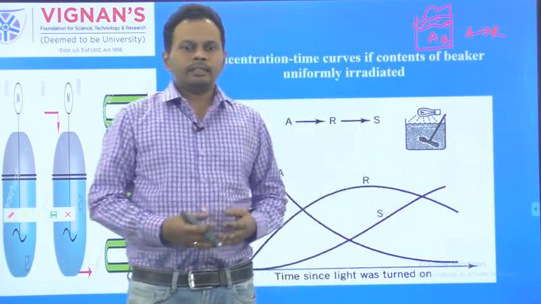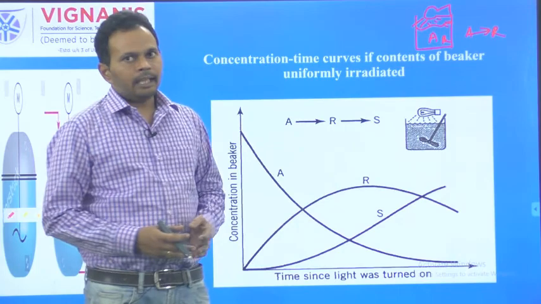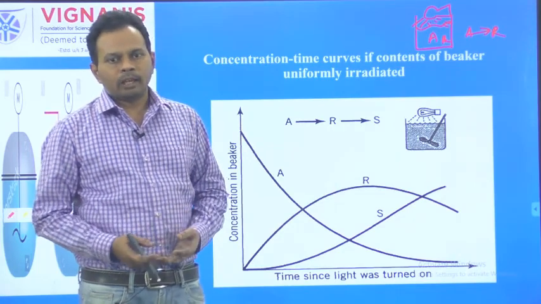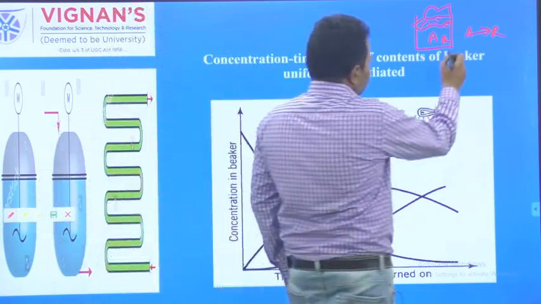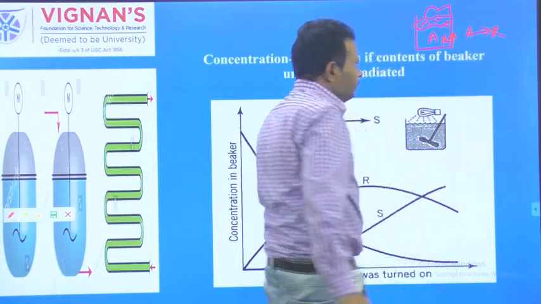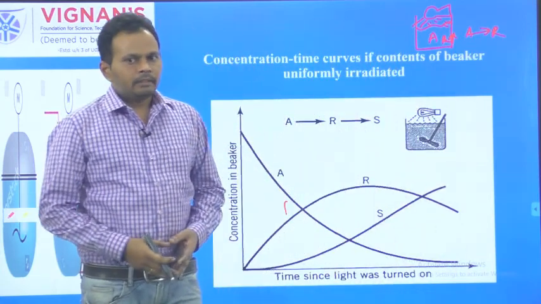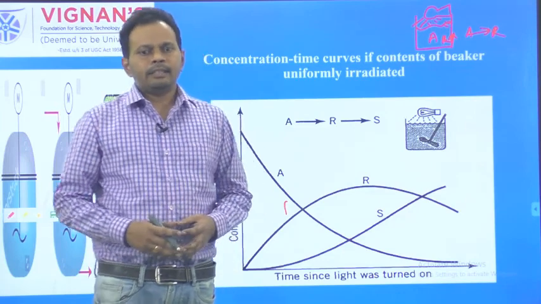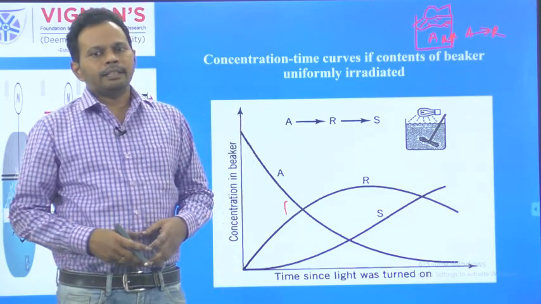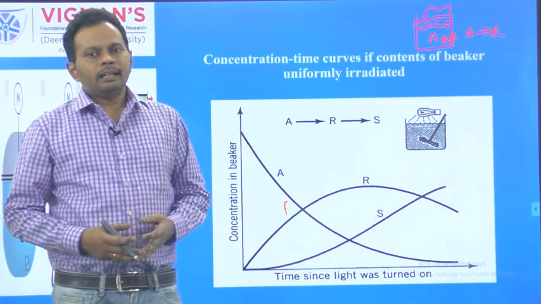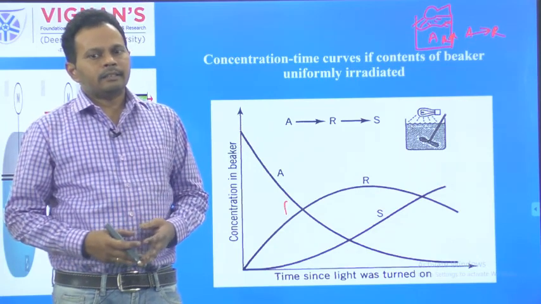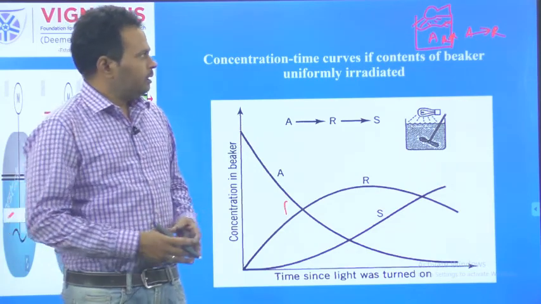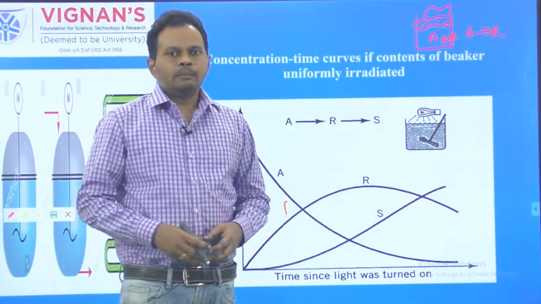Because of the high concentration of A, again A receives the light energy and produces some more R. If we keep passing the light energy, A receives it and produces R until the concentration of R is greater than the concentration of A within the beaker.